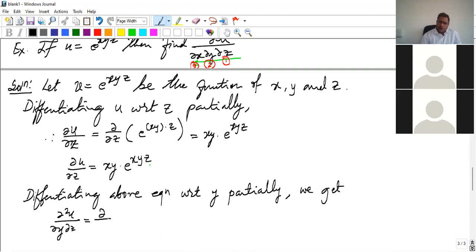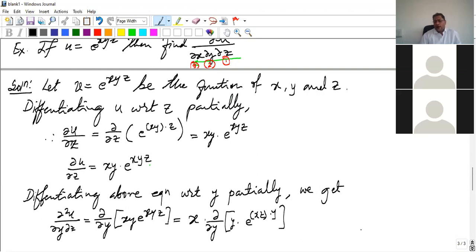So here we have to find the derivative with respect to y of xy e raised to xyz. Now when we are finding the derivative with respect to y, x and z are treated as constants. So x is a constant, so we can take it out, and you will have y into e raised to xyz.